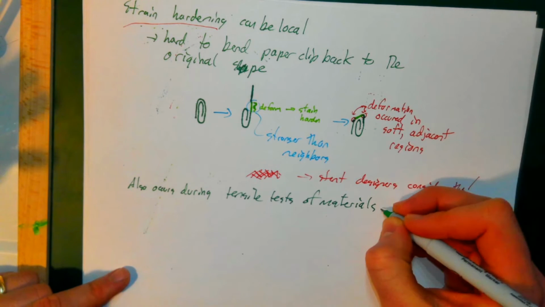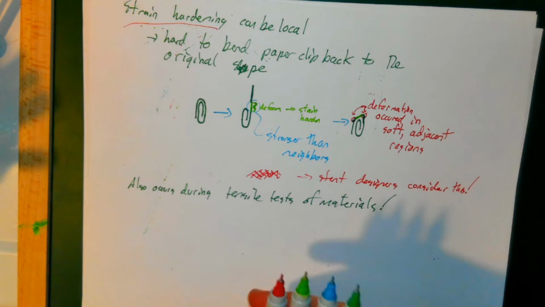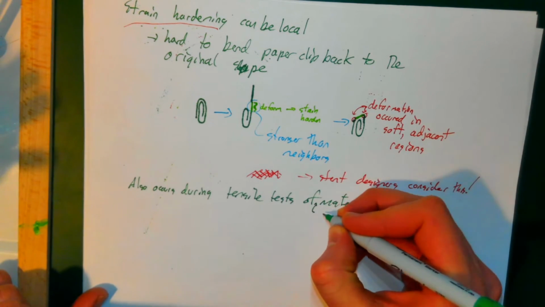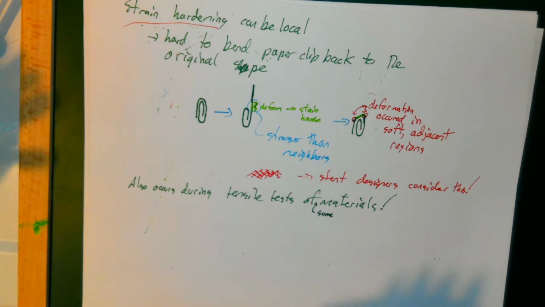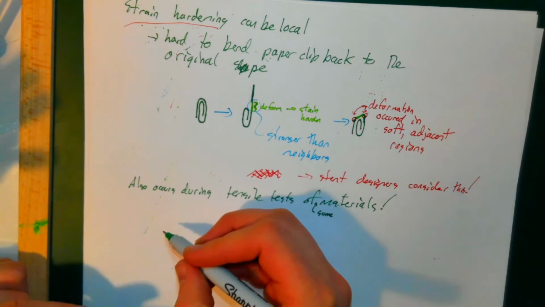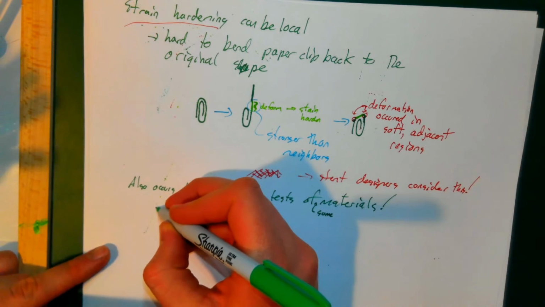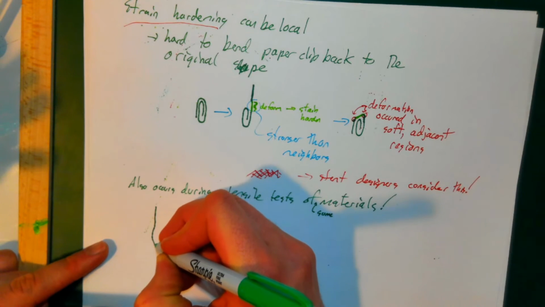So it also occurs during tensile tests of materials. And the key thing here is, well, imagine I have a specimen that I want to do some tensile testing on.